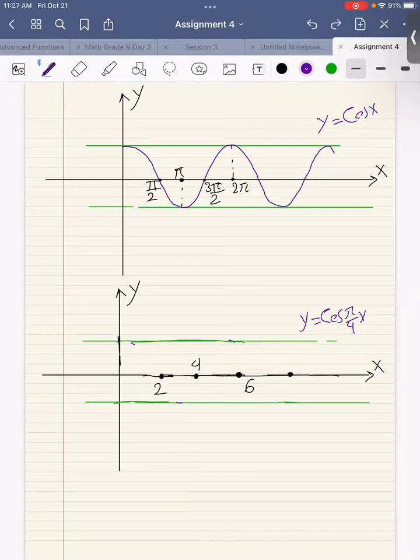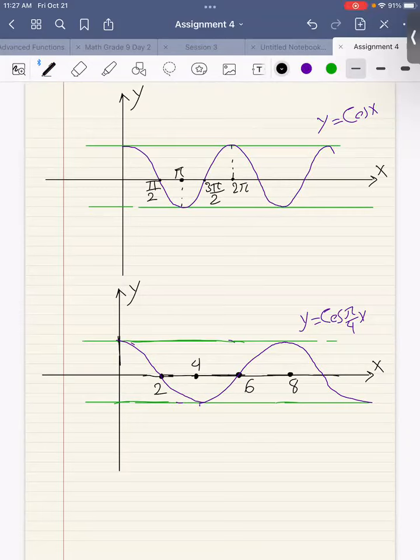Oh, sorry, let me. You see the stretch, it's a horizontal stretch. It's like you stretch the graph, right? This is like 8. Okay?